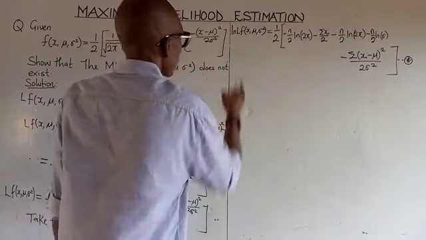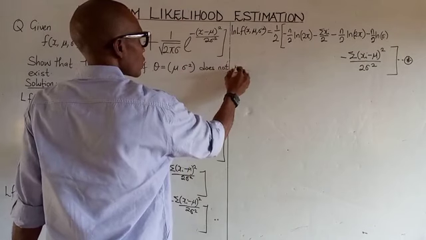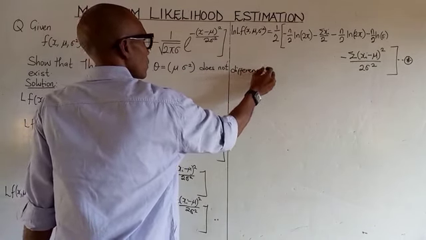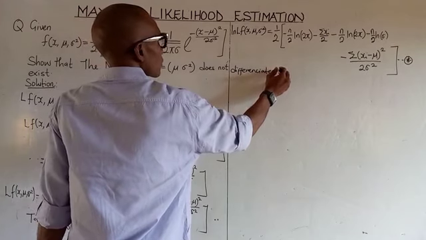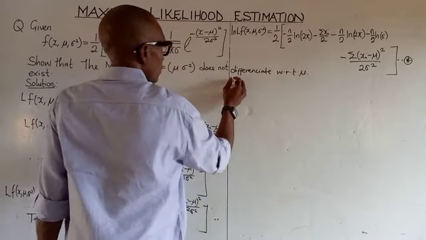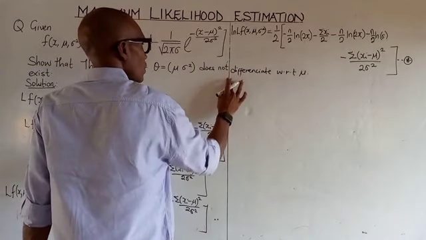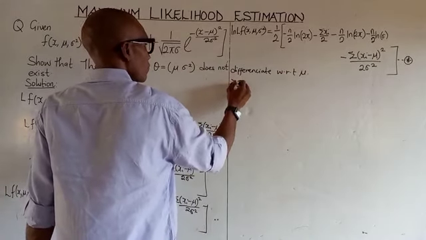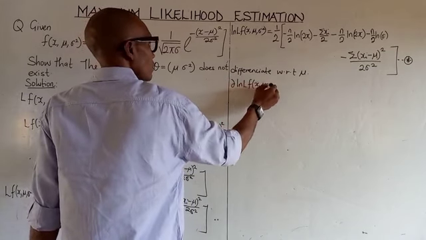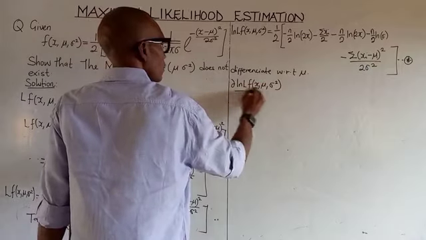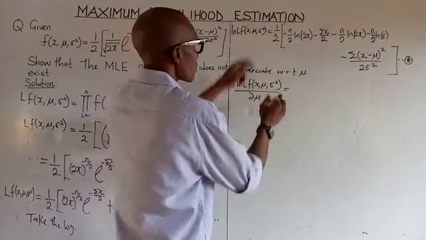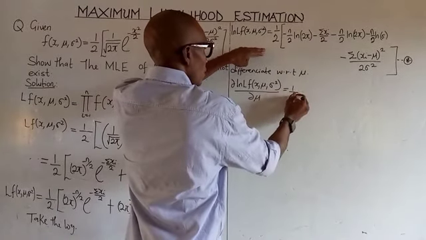The next thing to do is to take the differential. So differentiate with respect to mu. If you differentiate with respect to mu, we have the derivative of f of x, mu, sigma squared with respect to the mean should be equal to 1 all over 2.